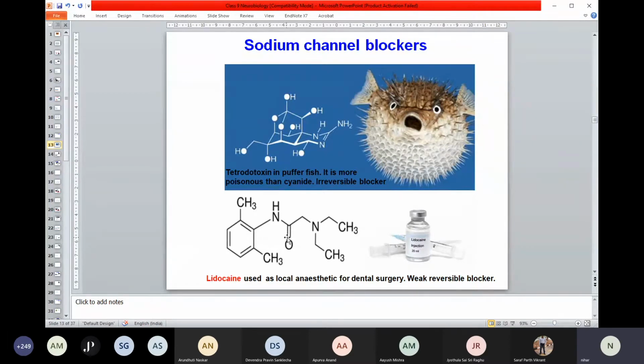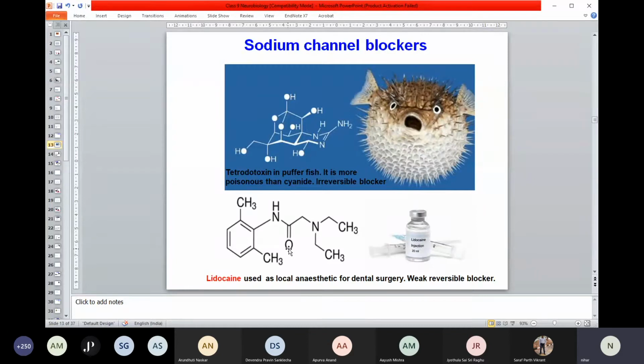another weak, very weak and reversible blocker of this voltage gated sodium channel, which we can see commonly in day-to-day life. I'm sure many of you have had dental pain at some point and went to a dentist, and if it's an emergency, the dentist might remove the tooth or something, and in that case the dentist invariably will give a local injection, and within probably 10-15 minutes, you will not sense anything in your mouth.